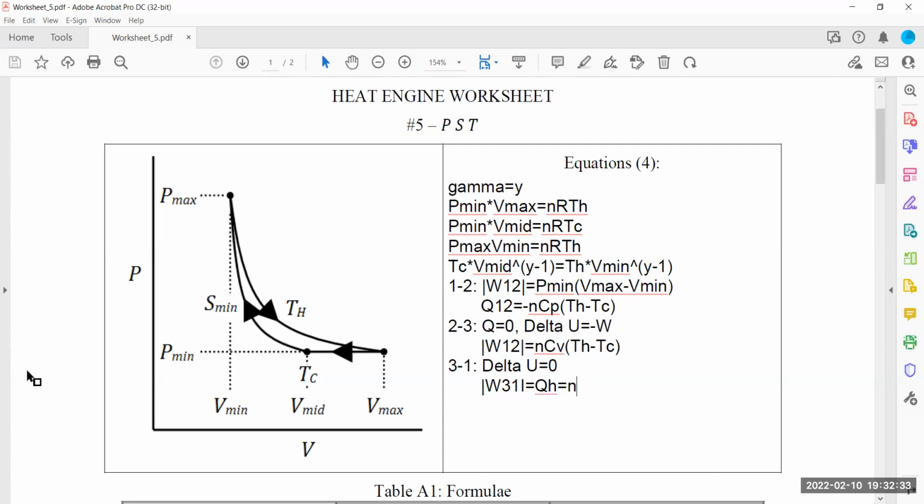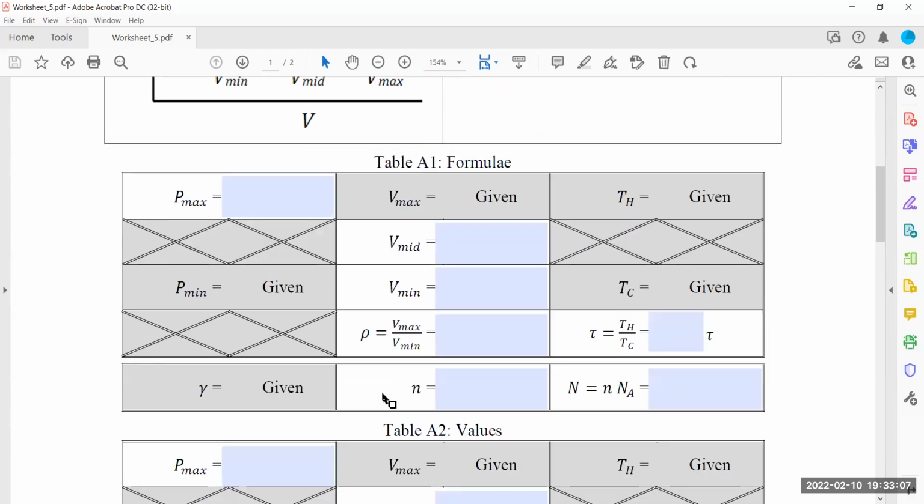And this is going to be nRTH ln of open parentheses, which is V max over V min. Okay, so these are some of the formulas, and I may come back and supplement more formulas that I know. So in this place in here, all I'm doing is writing the equations I know. Okay, some of the equations have to do with PV equal to nRT, others have to do with the process itself.